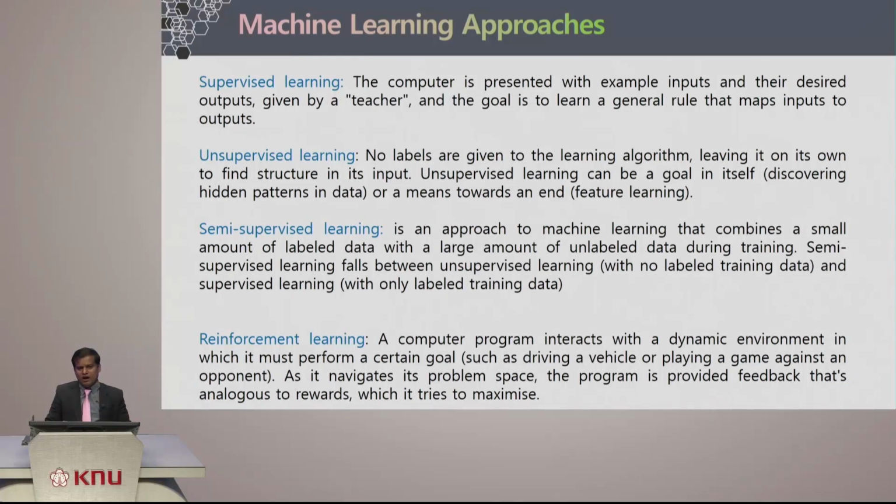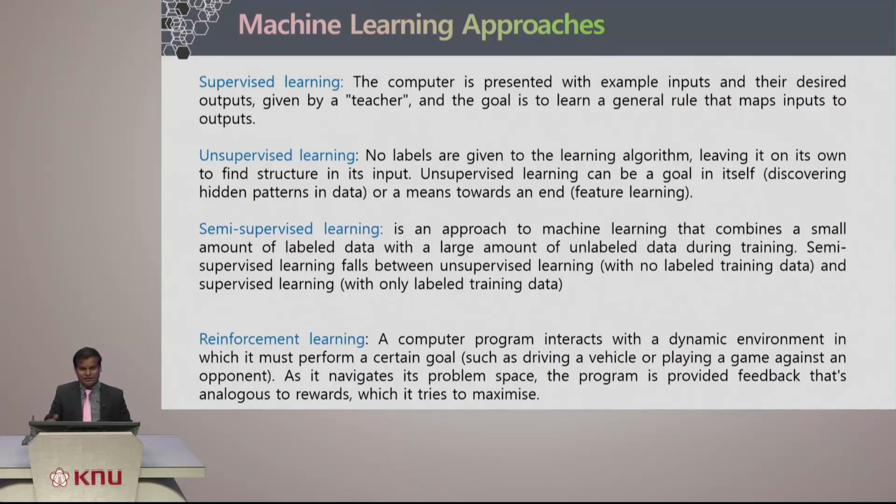Then comes unsupervised learning. Here no labels are given to the learning algorithm. As I mentioned earlier, the input had a data set, and we know the expected labels at the input are TV, tablets, mobile phones, and other electronic devices. And at the output also, you know the expected labels or classes.